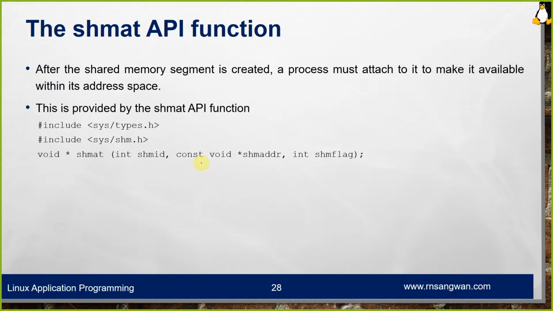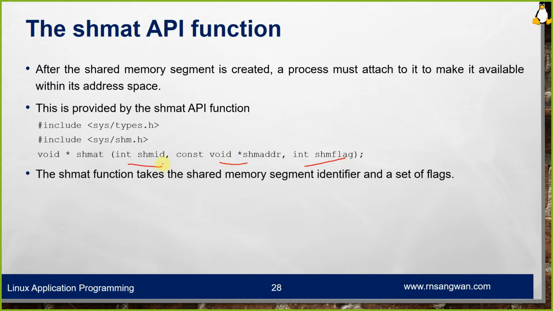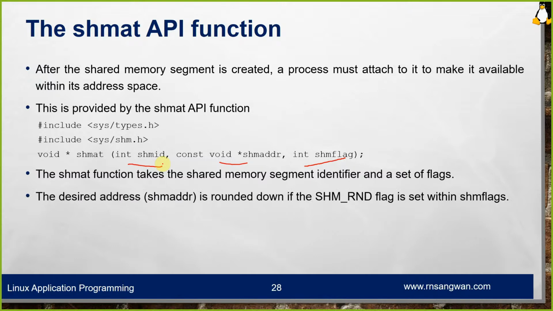And this is a call to the function shmat where we pass the address and the flags in addition to the ID of the shared memory segment. This takes the shared memory segment identifier and a set of flags. The desired address shmaddr is rounded down if the SHM_RND flag is set within shmflg.